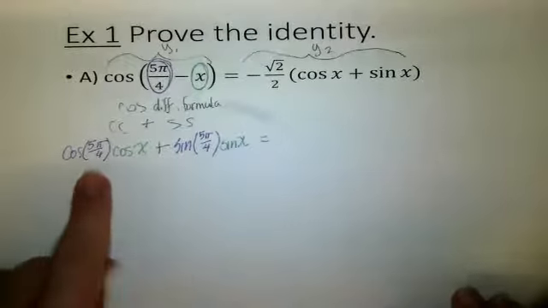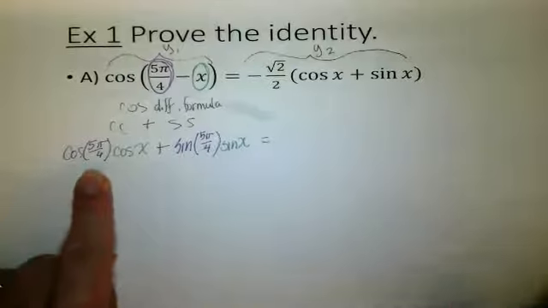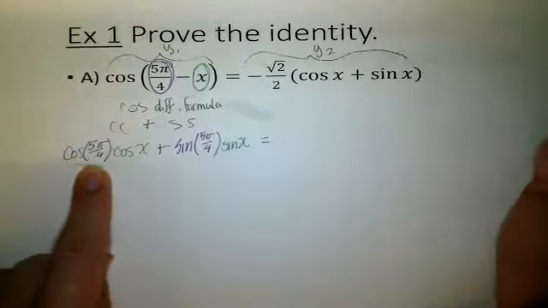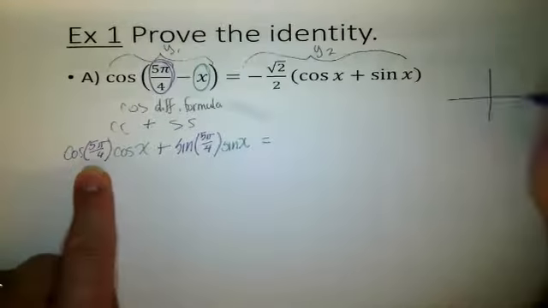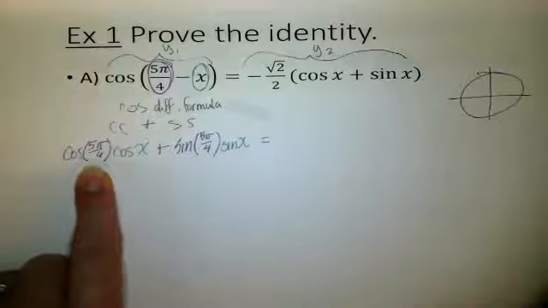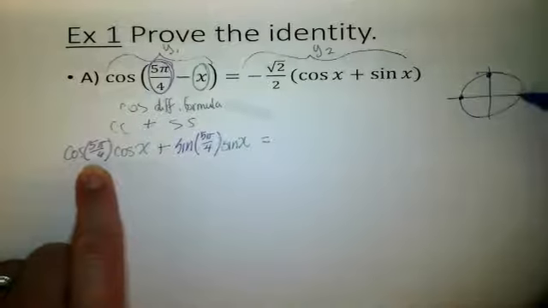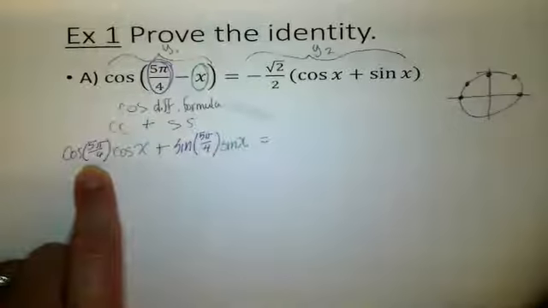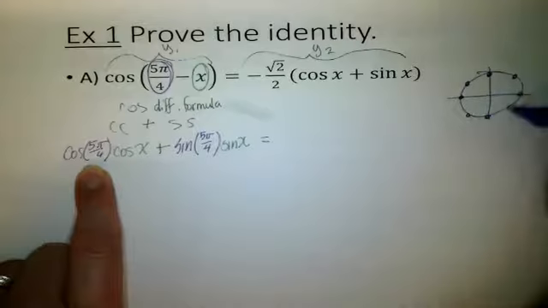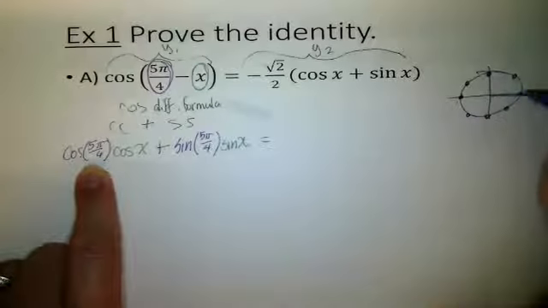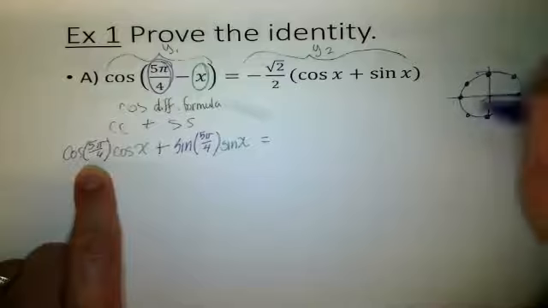Now, I can think about evaluating cosine of 5 pi over 4. So I'm going to think about my unit circle and 5 pi over 4. So that would be pi divided into 4 wedges on top and 4 wedges on bottom. And 5 pi over 4 would be 1, 2, 3, 4, 5.